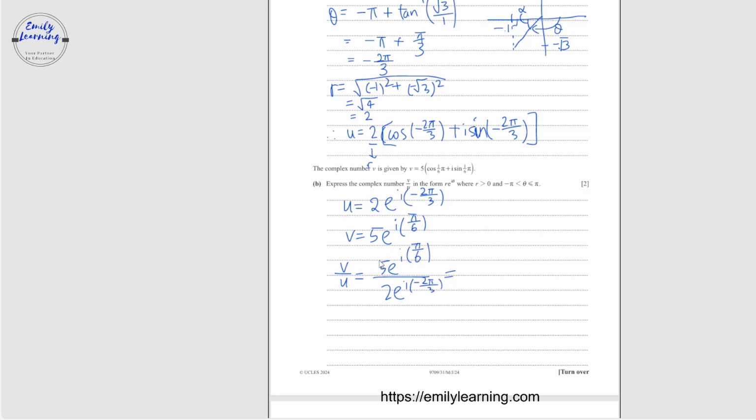So I can take 5 over 2. Then simplify this portion here. It will be e to the power of i pi, so it'll be this way. Let me write it out. Okay, so when it's a division, you subtract the powers, right?